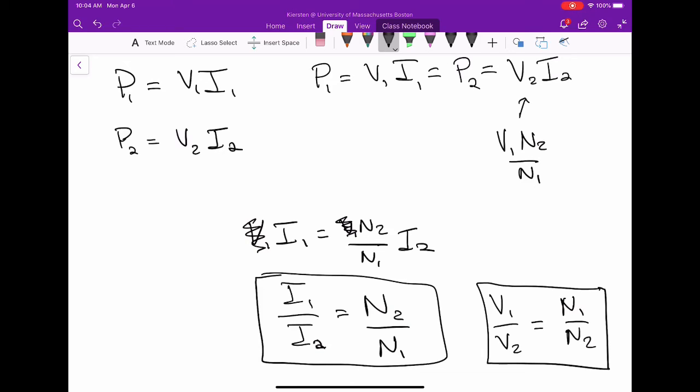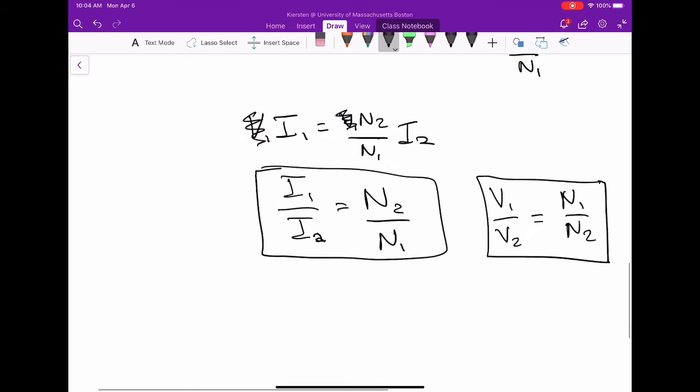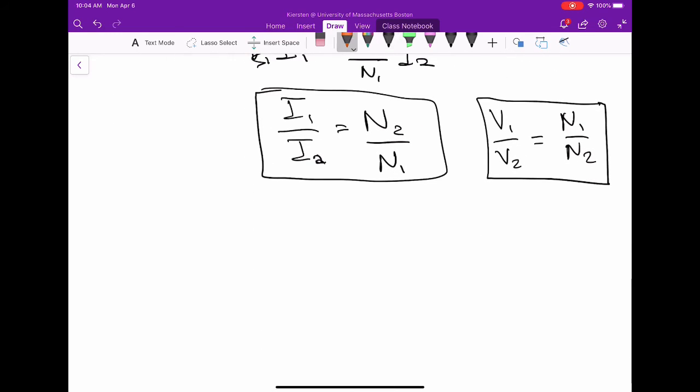So if I've assumed that there is some sort of load on coil number 2, let me redraw my picture in a slightly more cartoony and less beautiful way here.